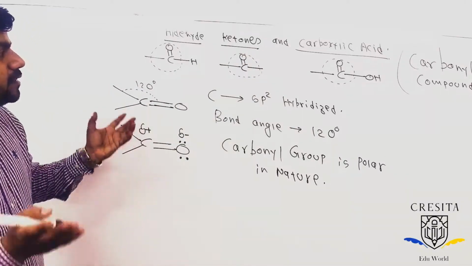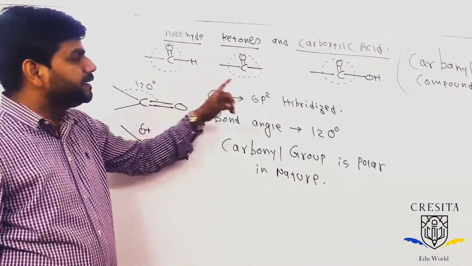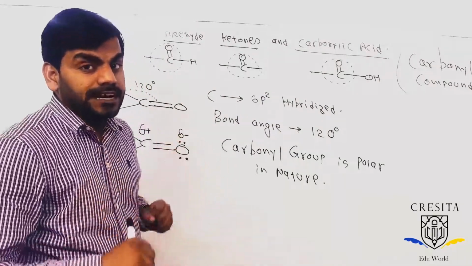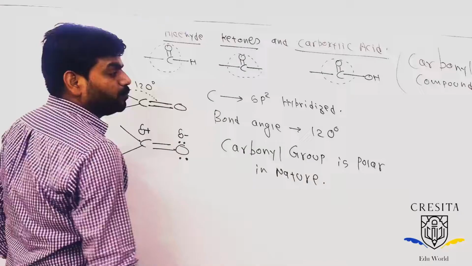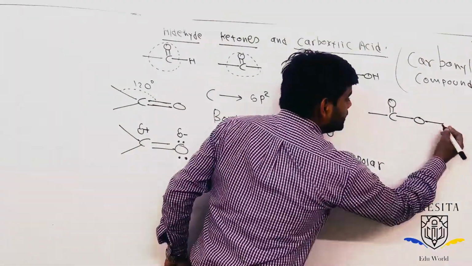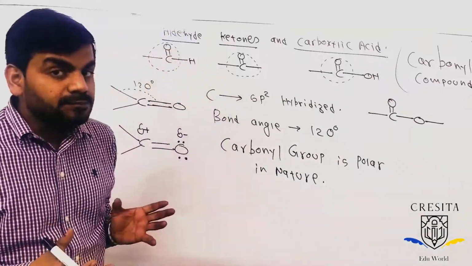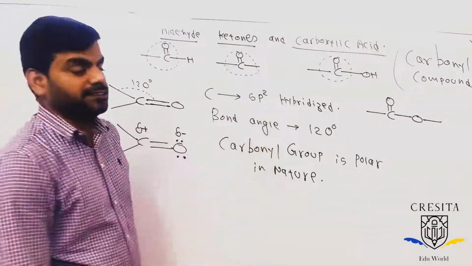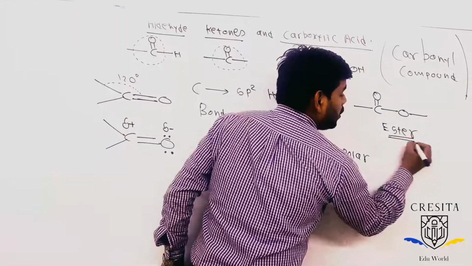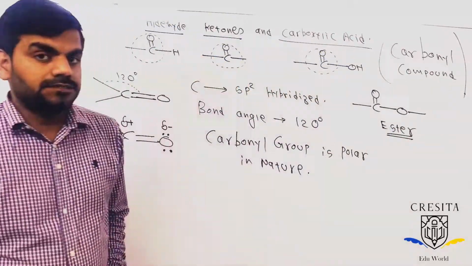Students, there are other compounds also which contain carbonyl group in their structure. Now let us discuss that also. This carbonyl group is also present in this type of compound, and this type of compound is called ester. So in this chapter we will also discuss about ester.